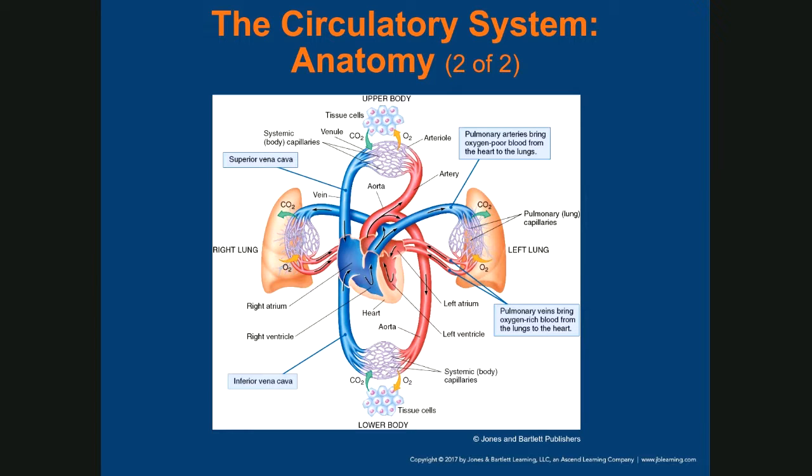It has four chambers. The two upper chambers of the heart are responsible for receiving blood, and the lower chambers of the heart are responsible for distributing or pumping the blood out. The heart has a right side and a left side, and there is a wall that separates the right side of the heart from the left side.